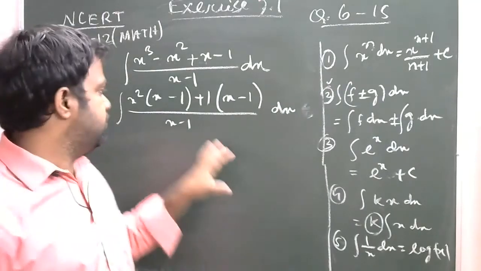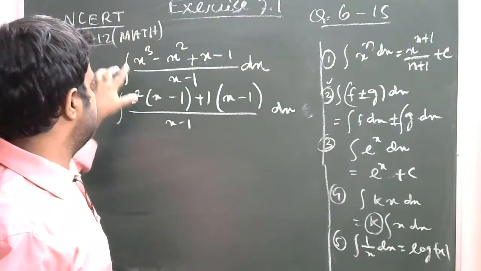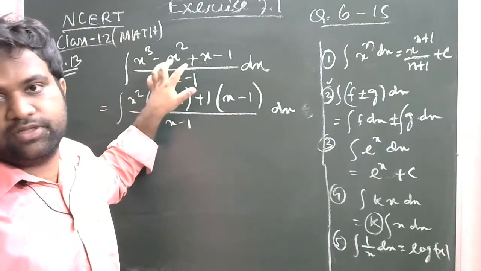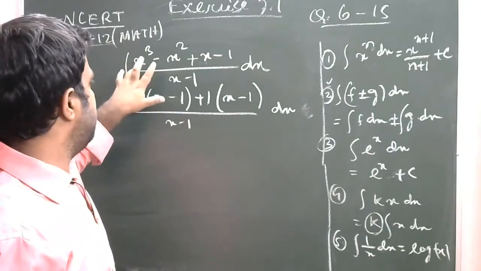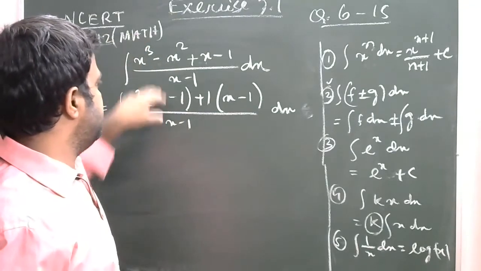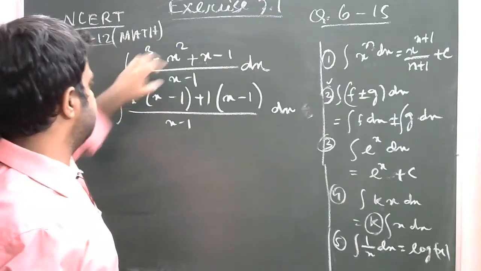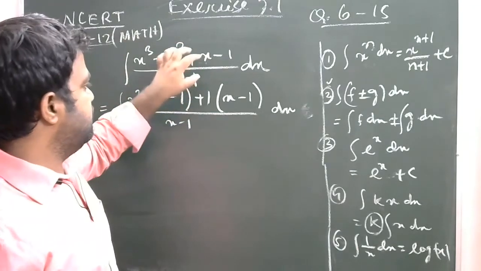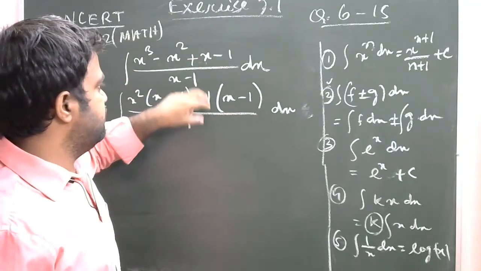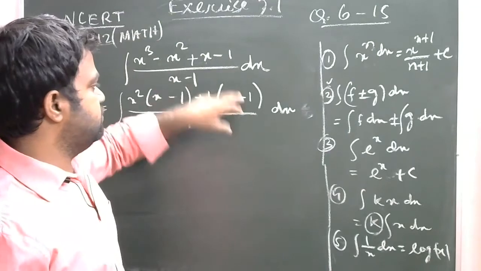Getting or not what we are doing? See, here I take x square common from the first two terms. From x cube if we take x square out, x will be there. From x square if we take x square out, 1 will be there. Then I write plus 1, so x will be there and 1 will be there.